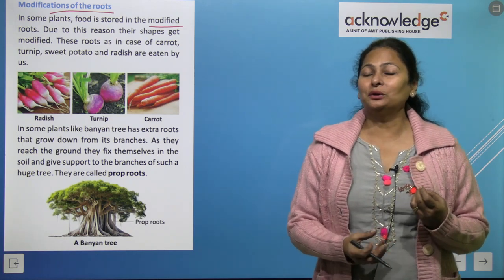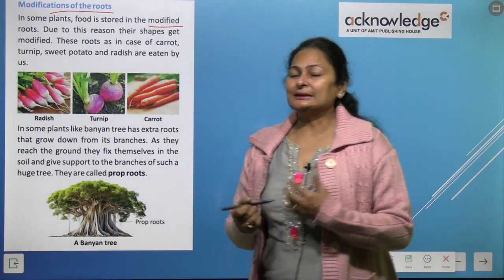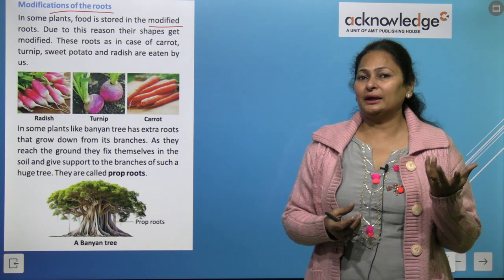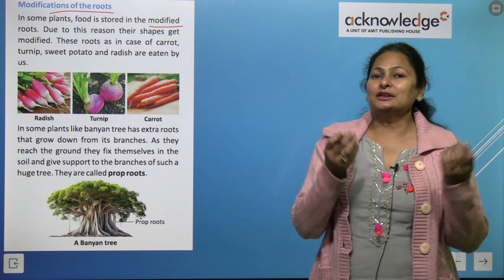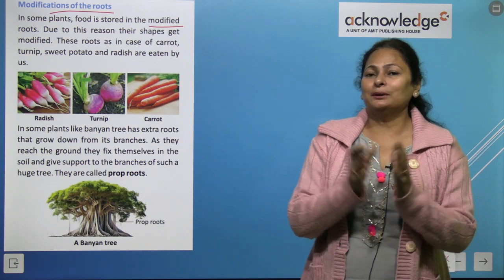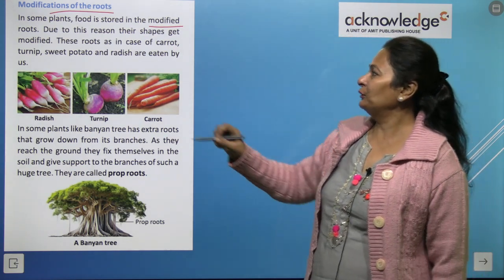We eat roots as vegetables, and these are called modified roots. Why are these modified roots? Because the food is stored in the roots, and because of the food, the shape got modified. So we call it modified root.